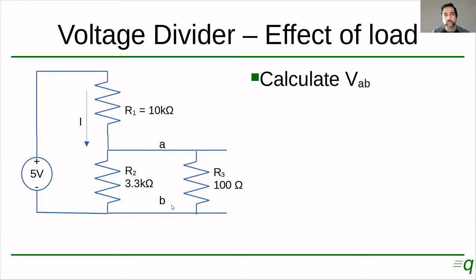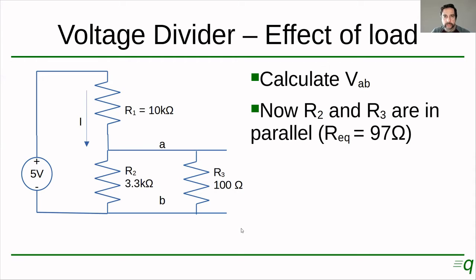Now let's assume we want to connect this to another circuit, and that circuit is going to be represented by a 100 ohm resistor. So when we do that, really we're changing the circuit because now R2 and R3 are in parallel. And the equivalent resistance of 3.3 kilo ohms in parallel with 100 ohms is 97 ohms.